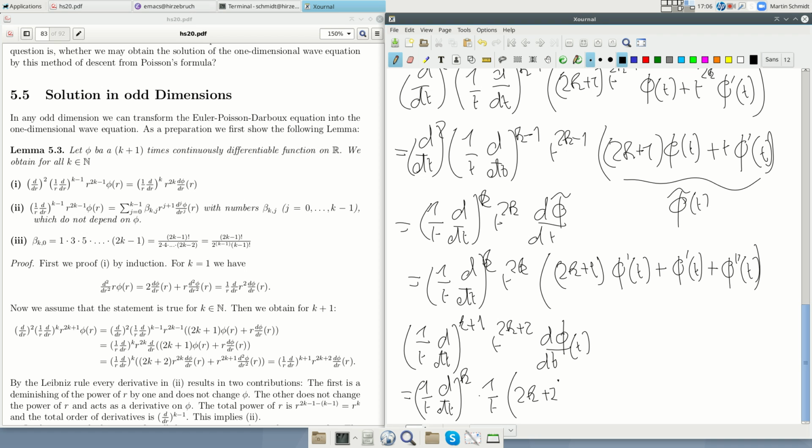This is (2k plus 2) times r to the power of 2k plus 1, taking the derivative, times phi prime of r, and then by the Leibniz rule, we also have to let the derivative act here, plus r to the power 2k plus 2 and phi double prime.